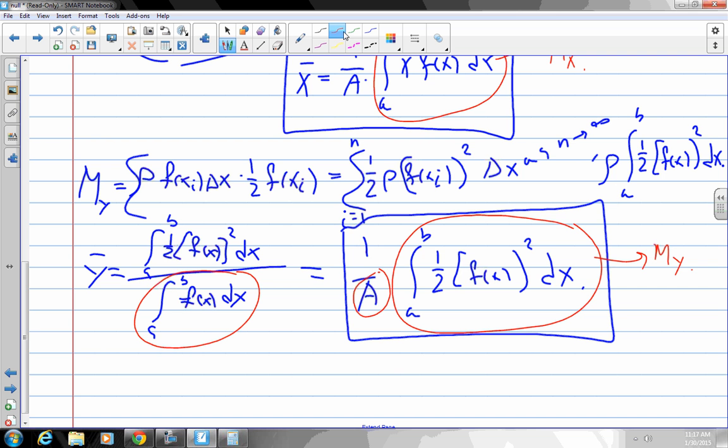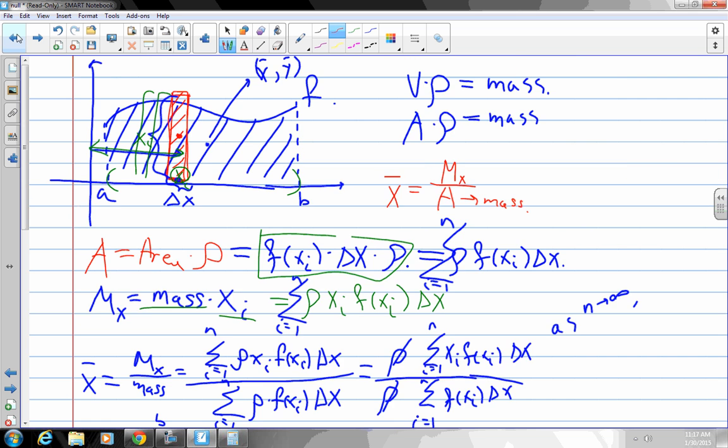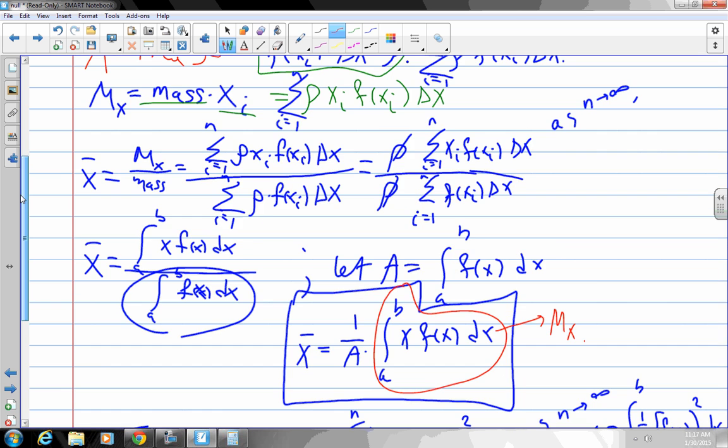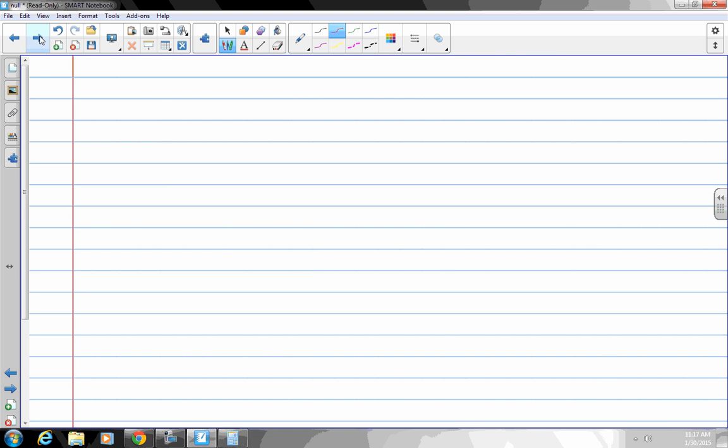Anyways, let's just do an example. Deriving these formulas is always kind of weird, but using them will be okay. I want us to find the center of mass of this region bounded under the curve from 0 to 1.